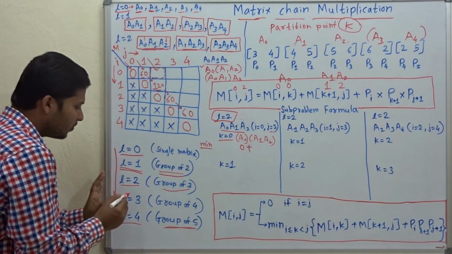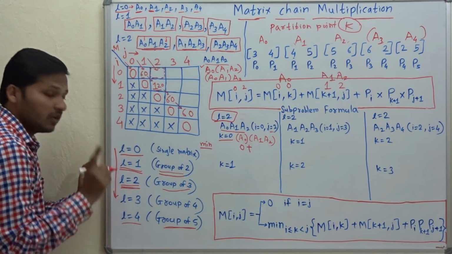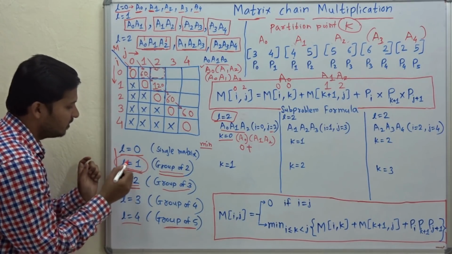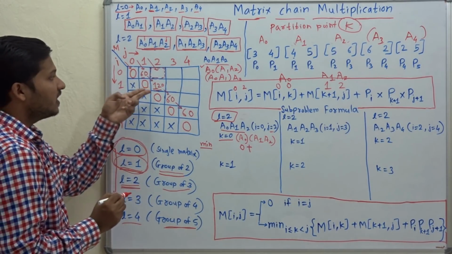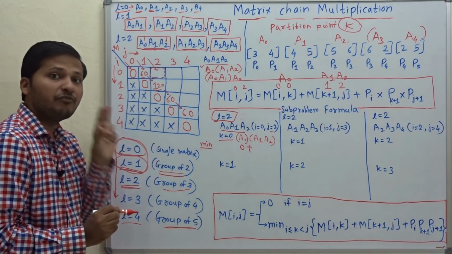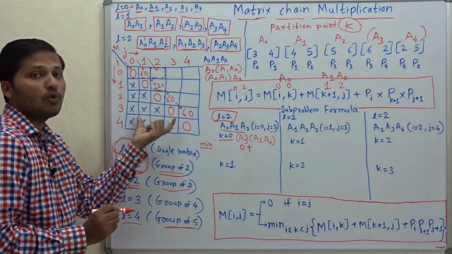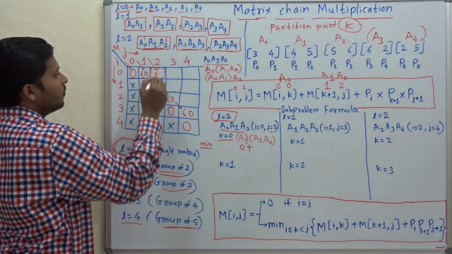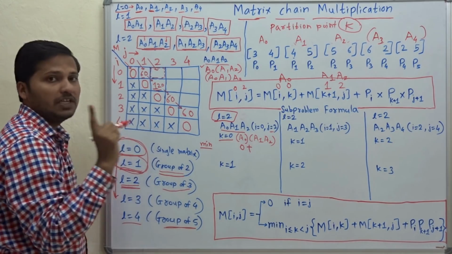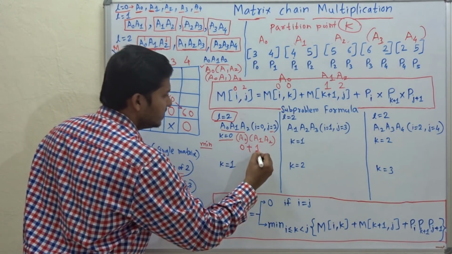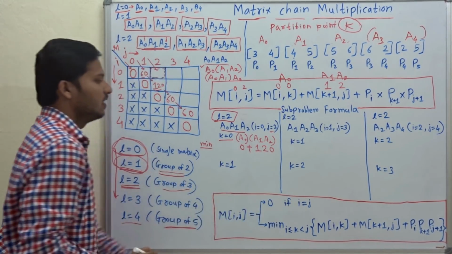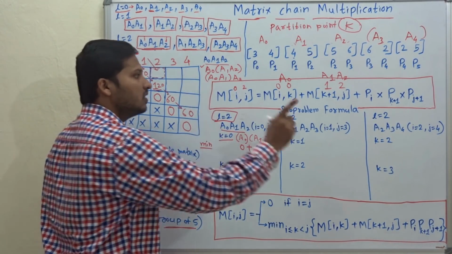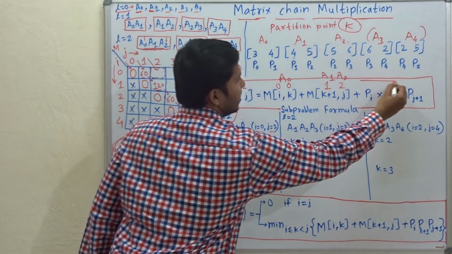When we are going for L equal to 2, we are making use of the values for L equal to 1 and L equal to 0. We are using these values which we have memorized inside this memorization table. So what is the value for 1, 2? That is 120. So 0 plus 120. Now the third part in the formula is this.